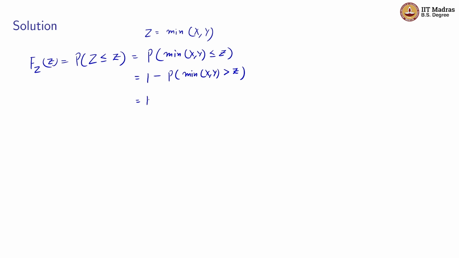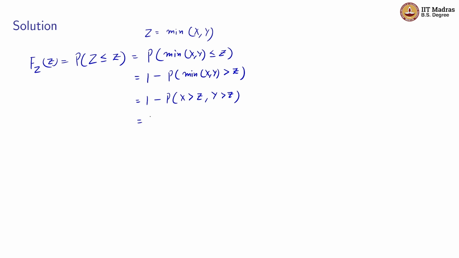If the minimum is greater than z, that means both the values are greater than z. So this probability will be equal to the joint probability that X is greater than z and Y is greater than z.